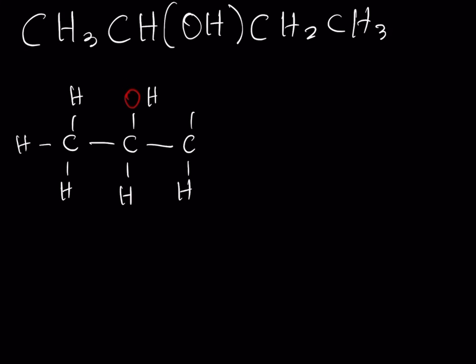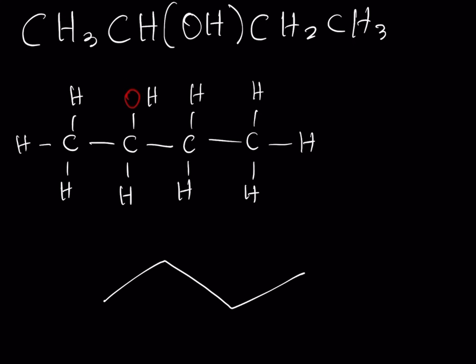It's also sometimes called a hydroxyl group. So if we have 4 carbons in the main chain, it's going to look like this, and then it's going to have an OH on the second carbon.